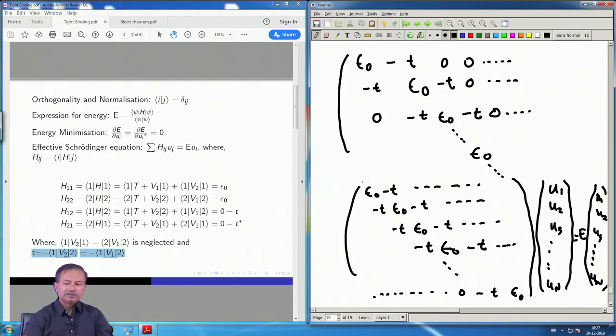So, again take any row, for example the third row, or take the fourth row, it is an identical equation to the one that I have just solved in the previous one. There is an epsilon naught minus E which comes from the right hand side, and there is minus t on the left and plus t on the right.